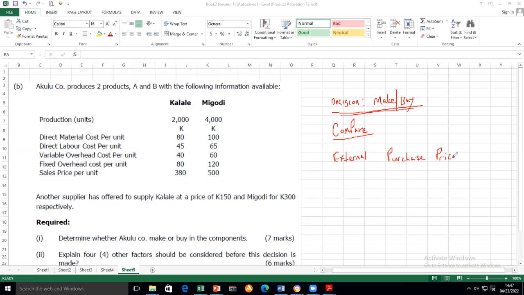What do you compare it with? The external purchase price, you compare it with what? Relevant cost of making. We compare this with the relevant costs of making.